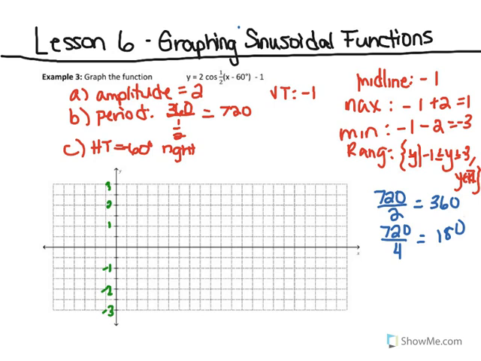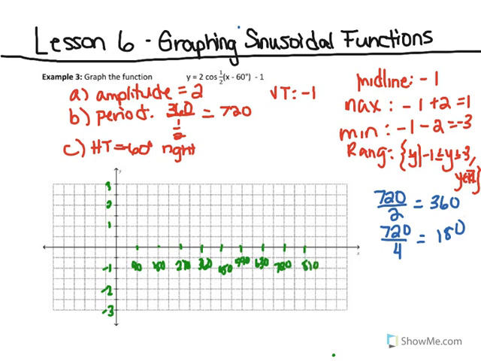And every 2 we're going to go up by 90. So we got 360, 450, 540, 630, 720, and 810. That's probably good enough.